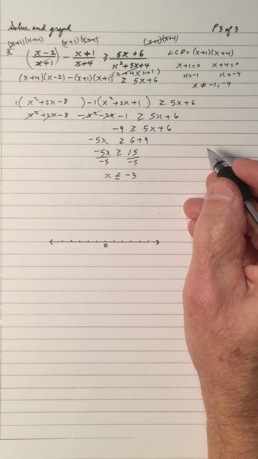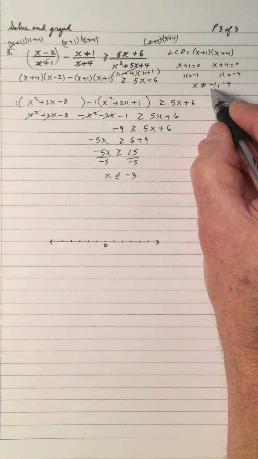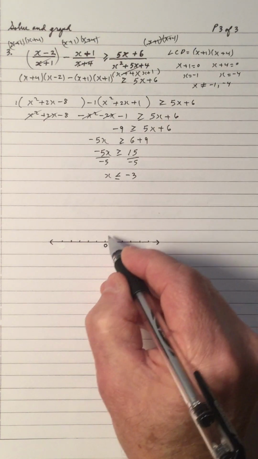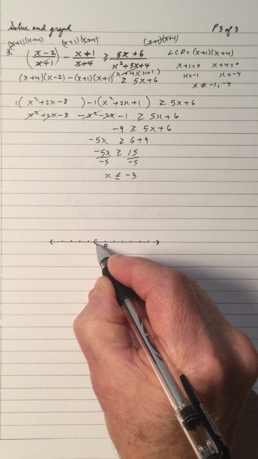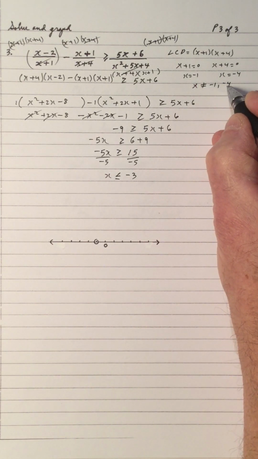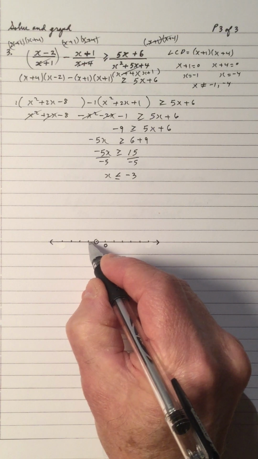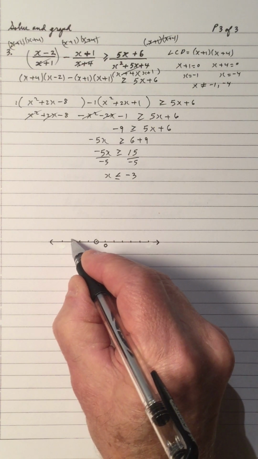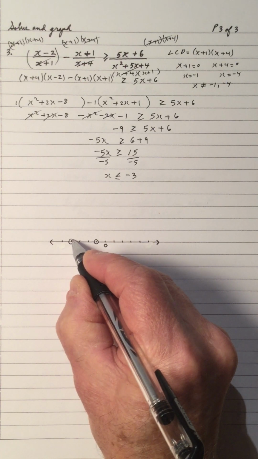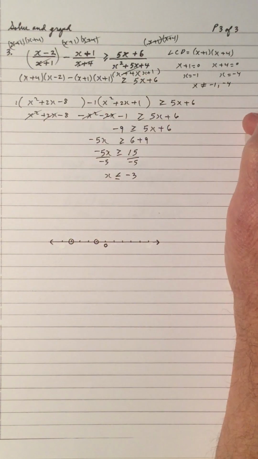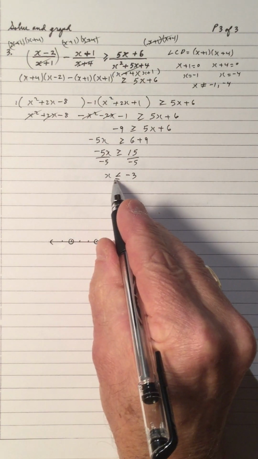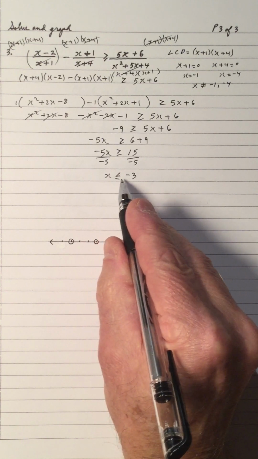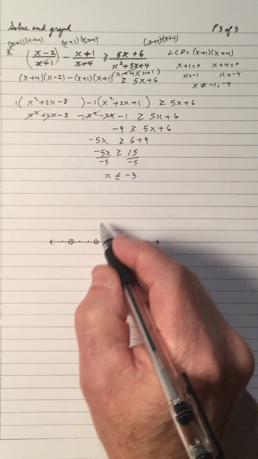Now, when we do the number line, we have to watch out. We cannot have negative 1. So negative 1 is right here, so we cannot have the negative 1. We cannot have the negative 4. Negative 1, negative 2, negative 3, negative 4 is here. So we cannot have those two because it makes the denominator 0. And we also have to have the values x less than or equal to negative 3.